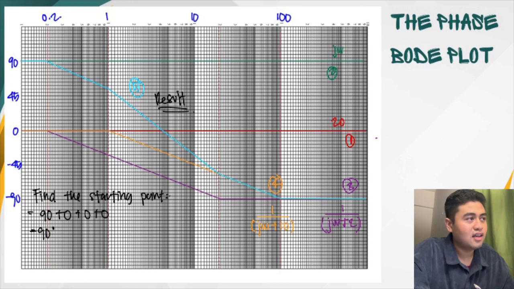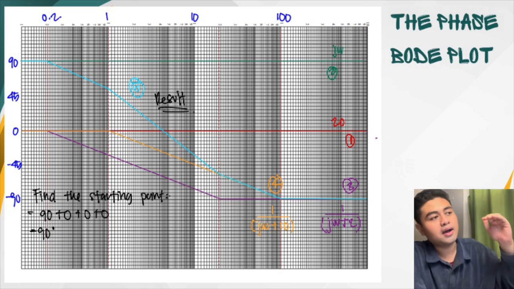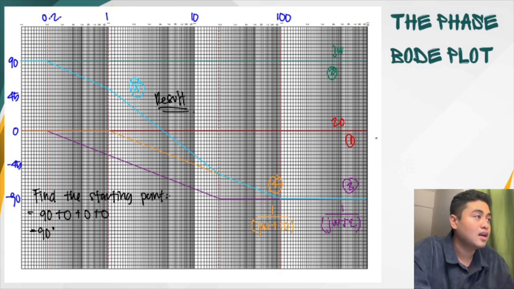The graph in the region between 0.2 and 1 is negative 90, but in the region between 1 until 20, the angle becomes more, which is negative 180. That's why the graph is toned down more than the graph between 0.2 and 1.